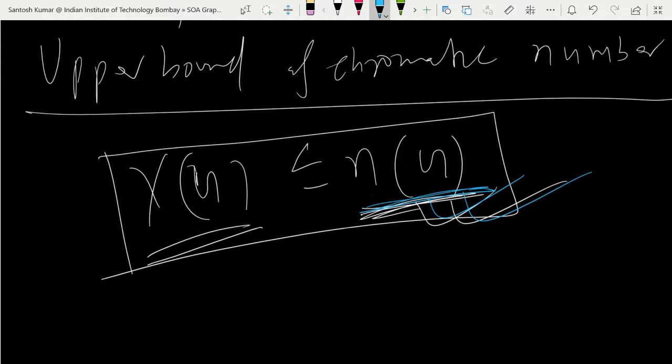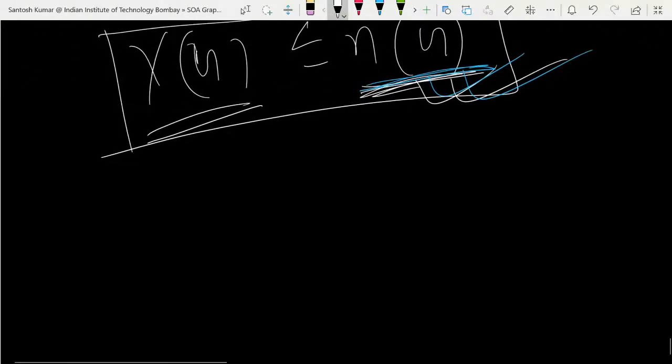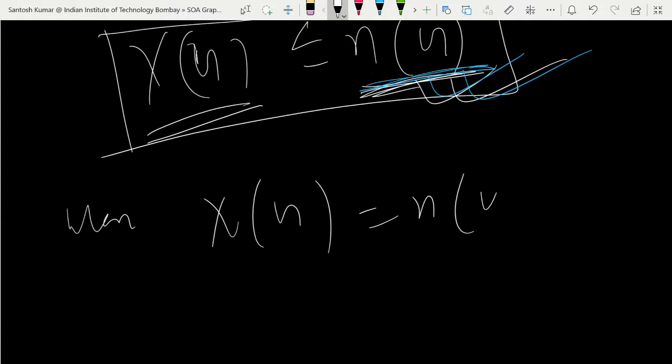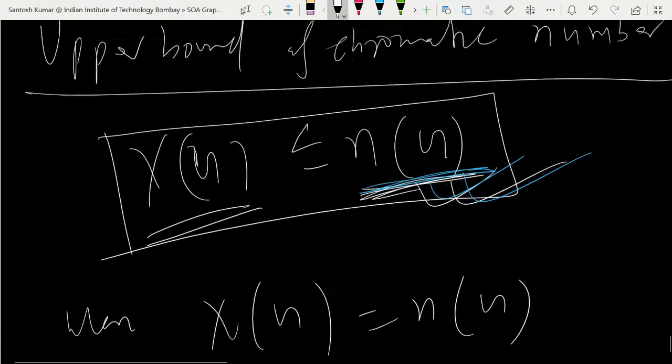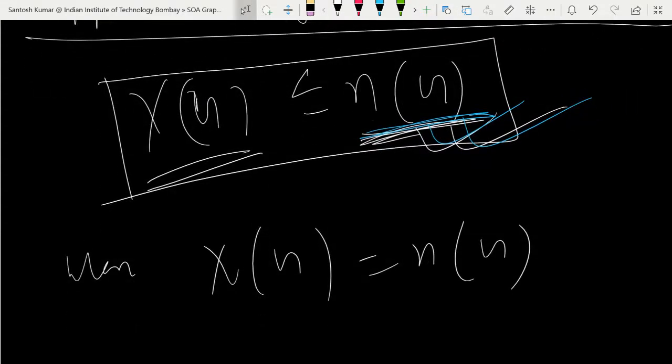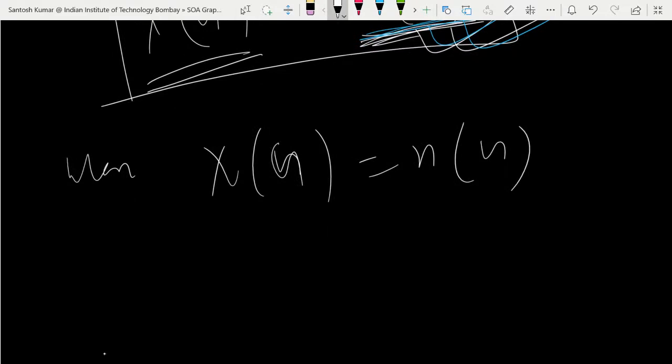So like this, equality holds. Can you tell me any graph in which this equality holds? When can you say chromatic number of G is equal to order of graph G? Can you tell me any graph where chromatic number is equal to number of vertices? C4. Are you sure? Okay, let's check for C4.